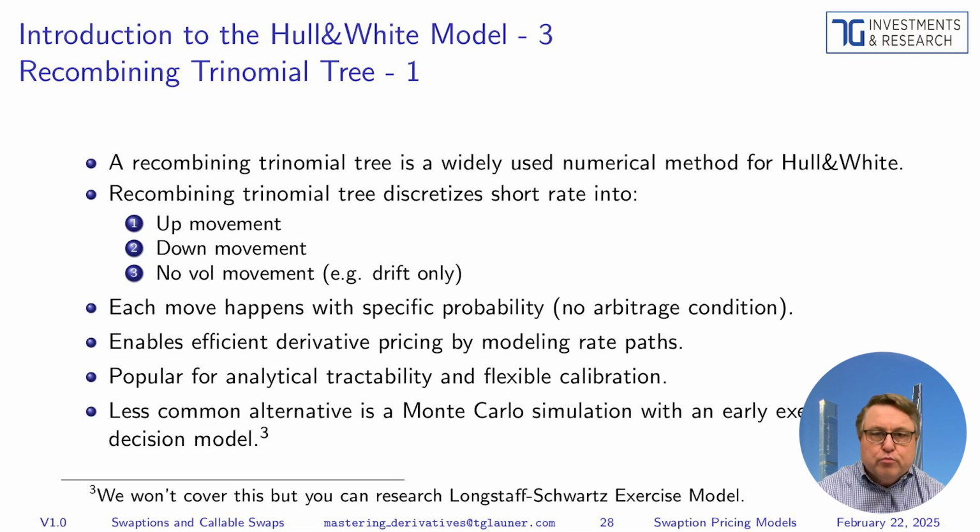An alternative approach is the Monte Carlo simulation, which requires an early exercise decision model to determine optimal exercise among the options. While we won't cover it in detail here, one notable example is the Longstaff and Schwartz model, which is used in Monte Carlo-based pricing of Bermudan-style derivatives. When you have time, it's worthwhile to research it.